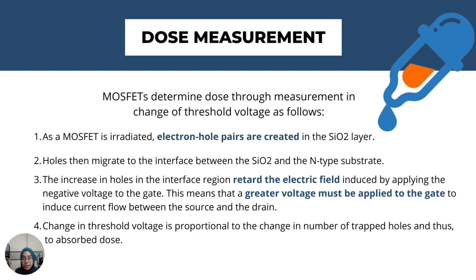Next, the increase in holes in the interface region retards the electric field induced by applying the negative voltage to the gate. This means that a greater voltage must be applied to the gate to induce current flow between the source and the drain. The change in threshold voltage is proportional to the change in the number of trapped holes and thus to the absorbed dose.